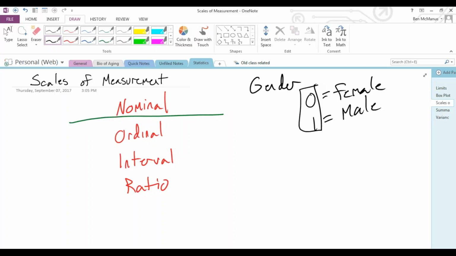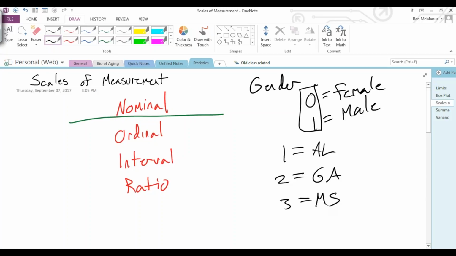One way to think about this is, look at the values, 0 and 1. They represent female and male in this example. Now, if we say gender is 1, does that mean that male is one more gender than female? Well, no, that doesn't make sense. We could do the same thing with location. Let's say 1 equals Alabama, 2 equals Georgia, and 3 equals Mississippi.